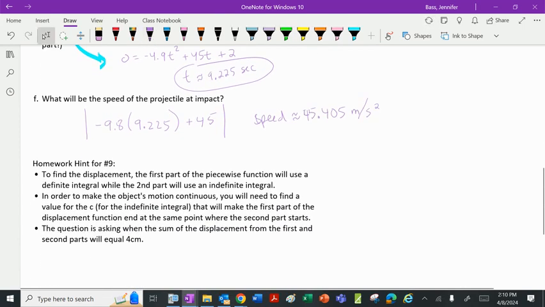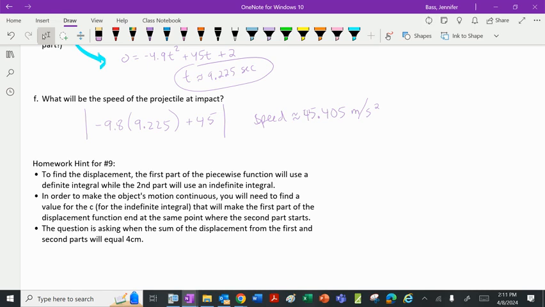So you have a homework hint for number 9. It's a piecewise function. You are going to have a definite integral that's part of it. And then for the second part, you're going to use a variable for your endpoints.